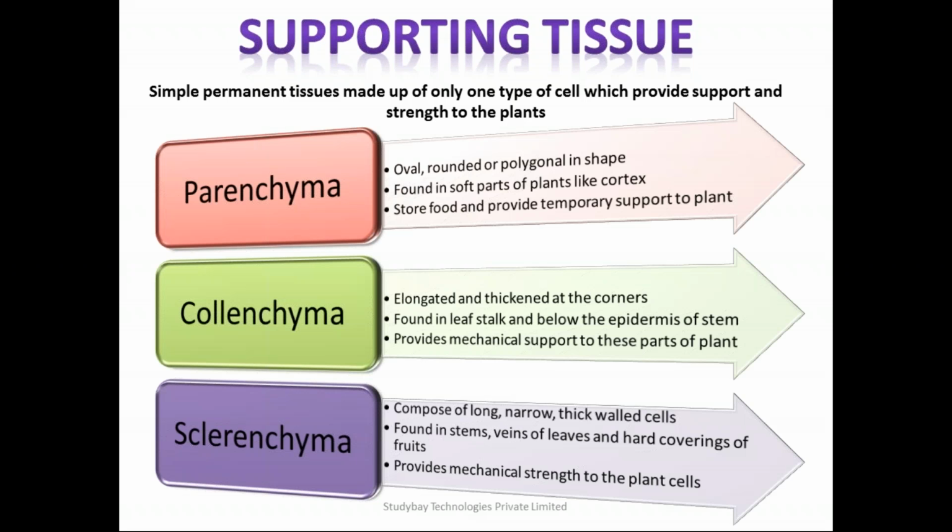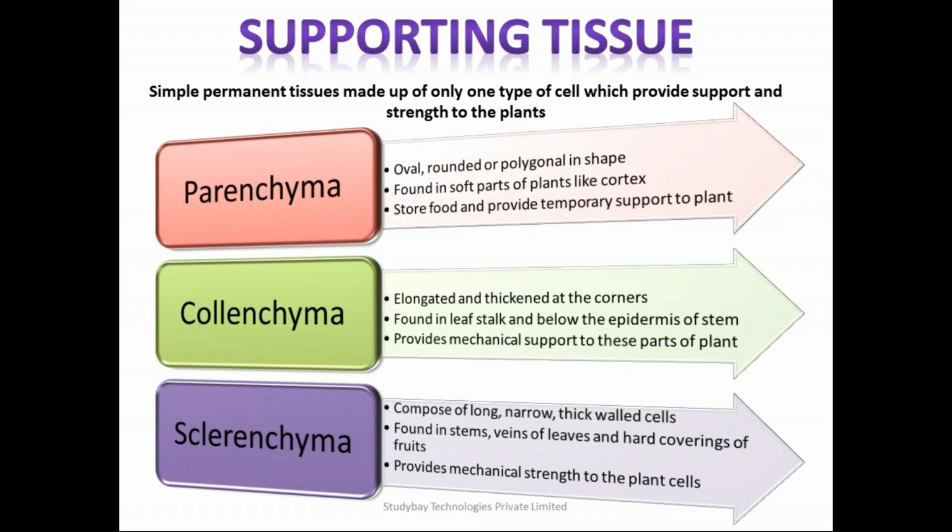They may be parenchyma, collenchyma, and sclerenchyma. The parenchyma cells are oval, rounded, or polygonal in shape. Collenchyma may be elongated and thickened at the corners, and sclerenchyma is composed of long, narrow, thick-walled cells.